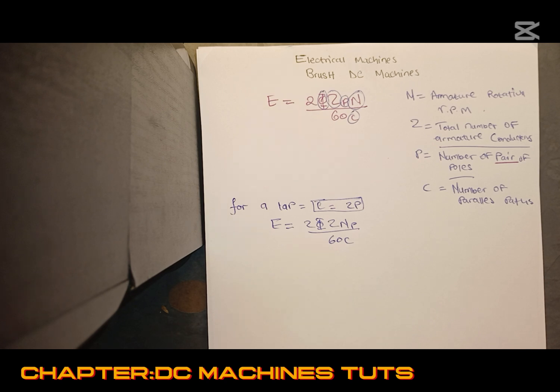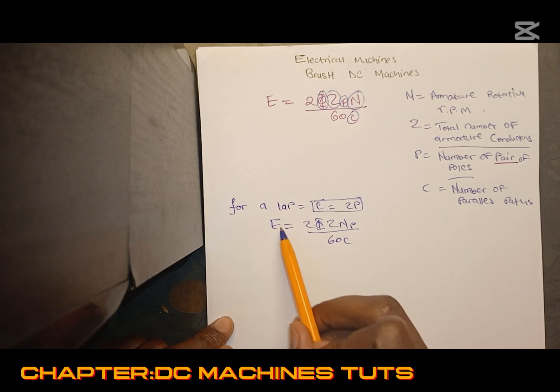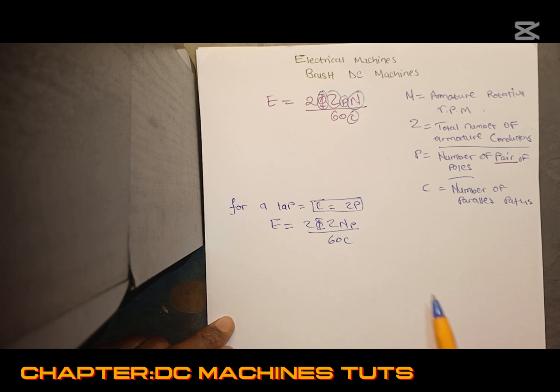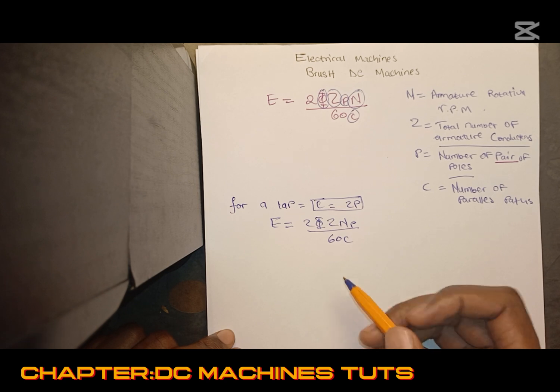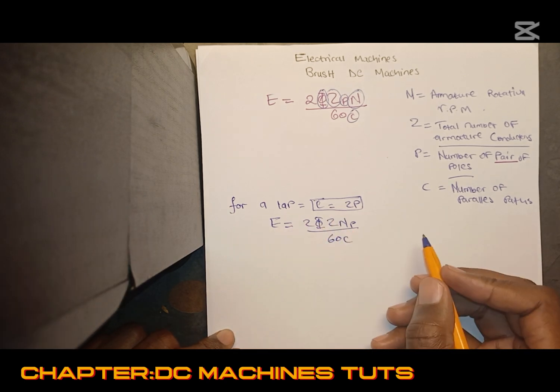And fortunately for students who are studying at the University of Johannesburg, the materials that I'm using are actually from the University of Johannesburg, and some of the questions that I'm using are from there, right? Now E, the EMF, is equal to 2 flux, number of conductors, armature rotation speed, and poles, divided by 60 multiplied by the number of parallel paths, right? Now the number of parallel paths for lap is 2P, right?